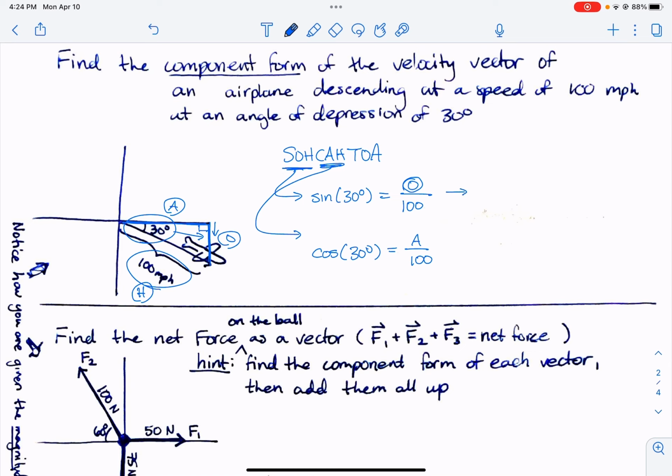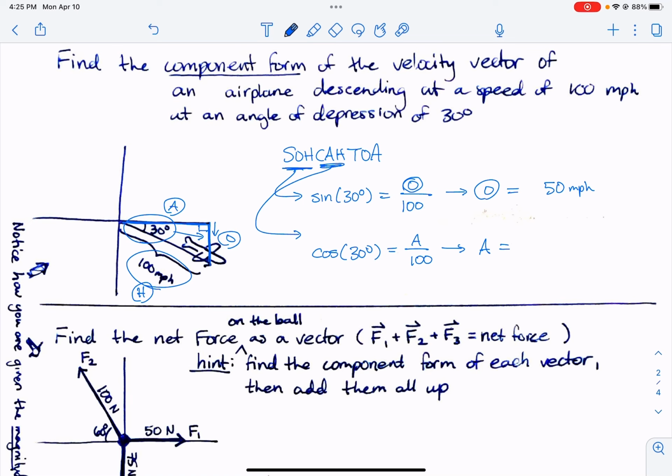So what do we get? If you solve for the opposite side, we get 100 times sine of 30. Again, make sure you're in degree mode. It tells me 50 miles per hour. And that's not quite the answer. We'll correct that in a bit here. But the cosine one is going to be absolutely correct.